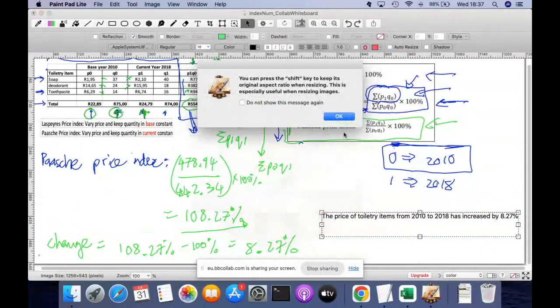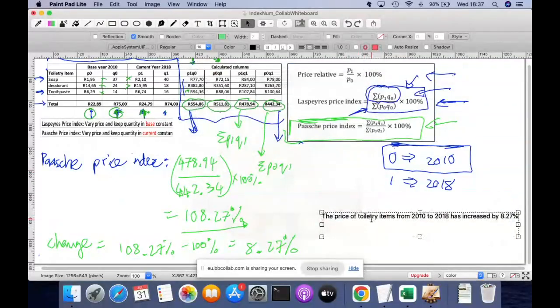We need to stipulate what we are keeping constant. If you look at the equation for the Paasche price index, which quantity do you think is being kept constant? Give it a shot. Keeping the quantity in which year constant?